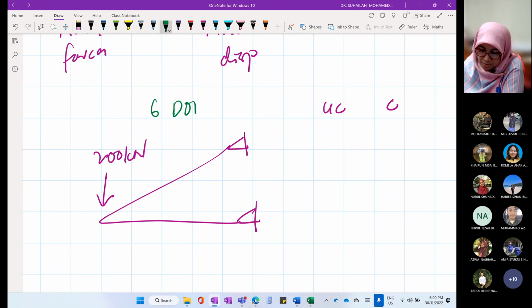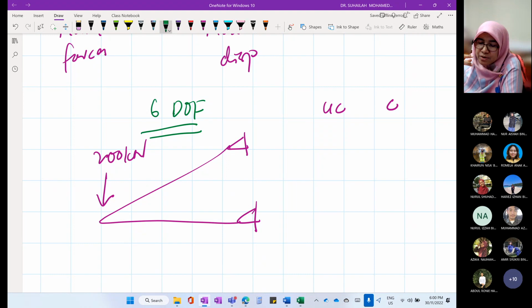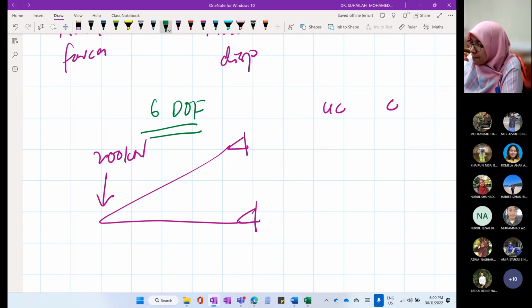So this 6 degree of freedom, we have to divide into unconstrained and constrained. And the easiest way to identify is by identifying number of unknown reaction. Tengok diagram ni, identify berapa dia punya unknown reaction.